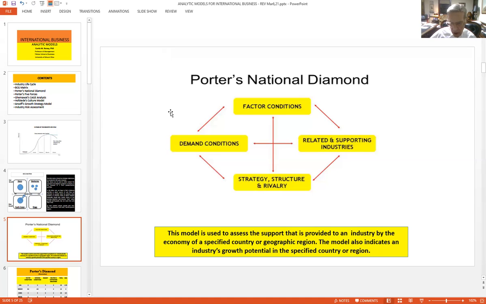Very often what will happen is that an industry will get started in a country and flourish because all these requirements are well met. And at that point, the industry can begin to move out from that country into regional and global growth. So very often, industries and companies in a particular industry will flourish in a country or a region, and it's sort of like a hothouse, you know.